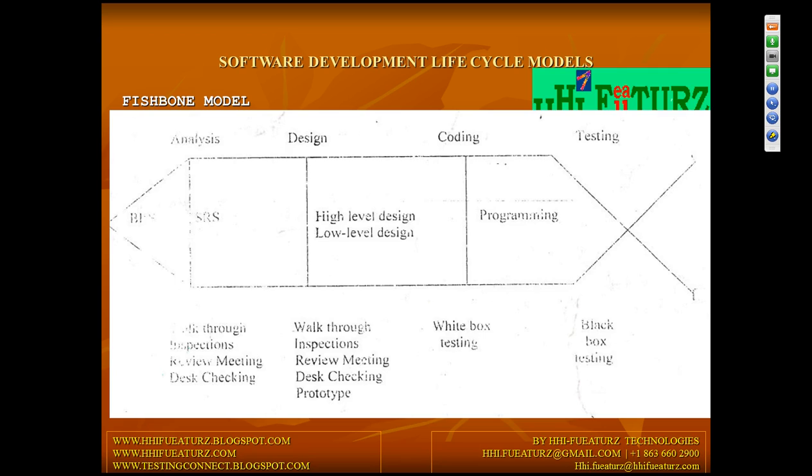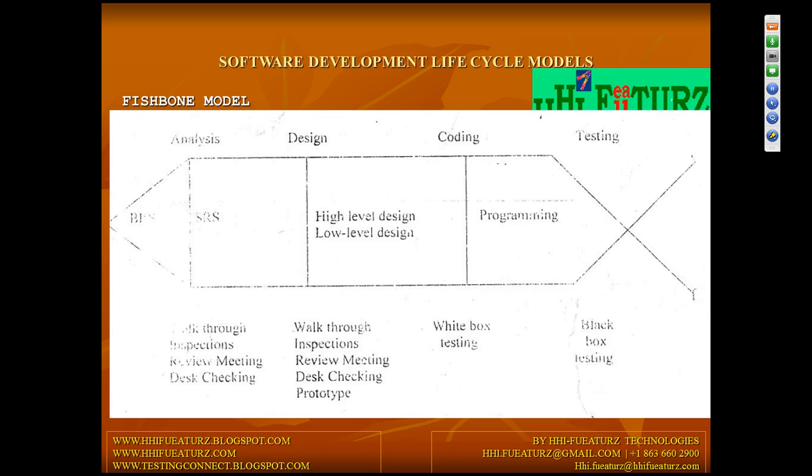Remember another important point: reviews, walkthroughs, inspections, desk checking are all nothing but synonyms. Review, peer review, colleague review, TL review, then project manager. Only the level of employee varies, but the purpose is the same: you have to deliver a quality application.